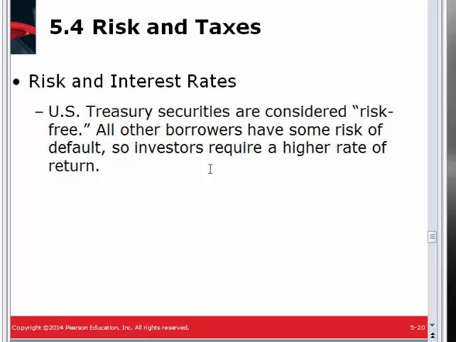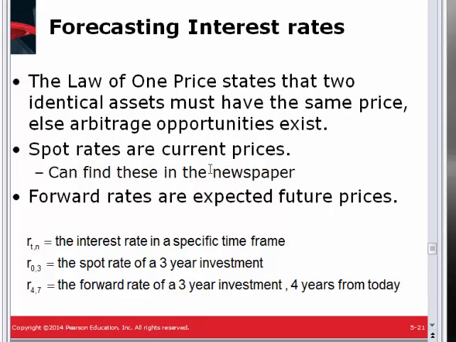Again, we're talking about risk and interest rates. Well, U.S. Treasury securities are considered risk-free. All other borrowers have some default risk, so most investors are going to require a higher rate of return for other assets than they are for Treasury securities.